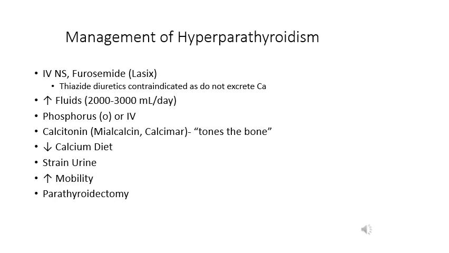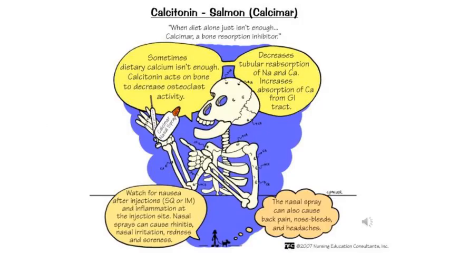And then again, depending on the cause and the effectiveness of treatment, they may do a parathyroidectomy. Again, you can review this if you like the pictures. This one is on calcitonin, which tones the bone.